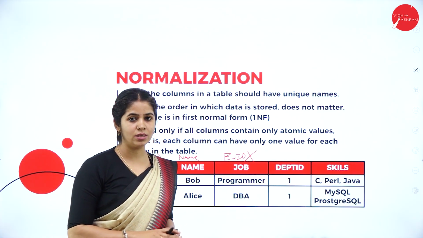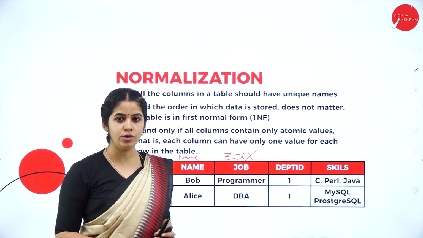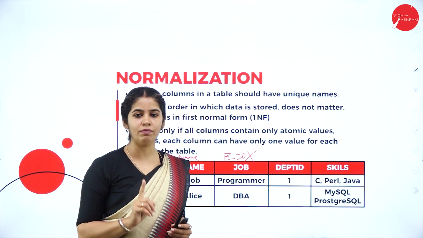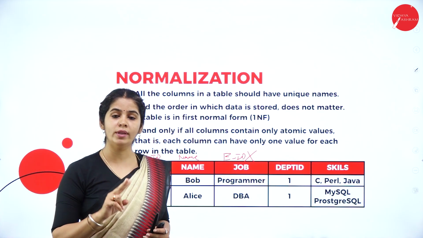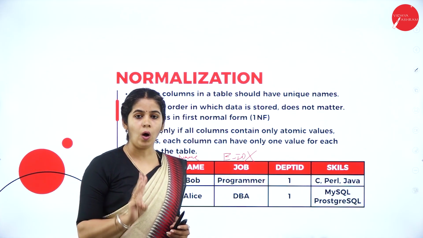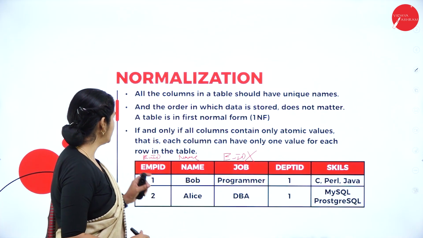So what are the four constraints to say the table is in first normal form? First, it should have an atomic value for each attribute. Second, it should not have more than one value in each column. Third, all the column names should be different. These are the main things.